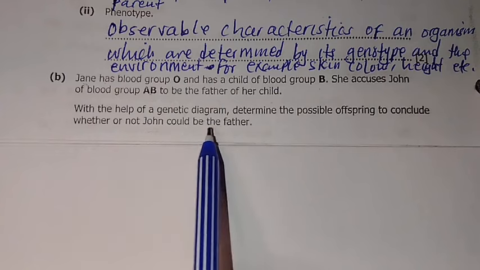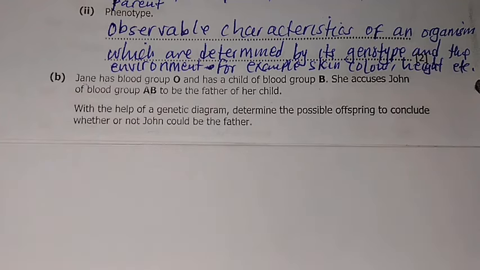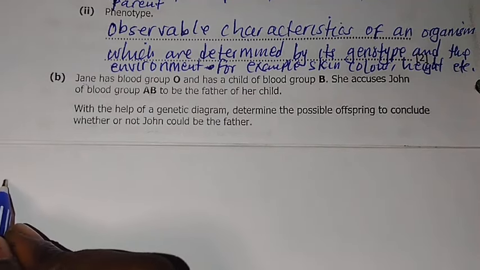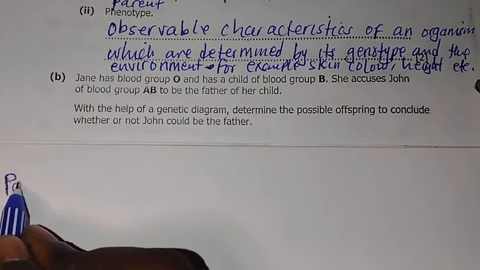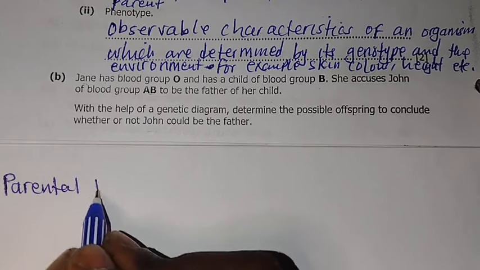So in order for us to do this, we are going to use the genetic diagram. To draw the genetic diagram, we are going to start with the parental phenotype. So write parental phenotype.